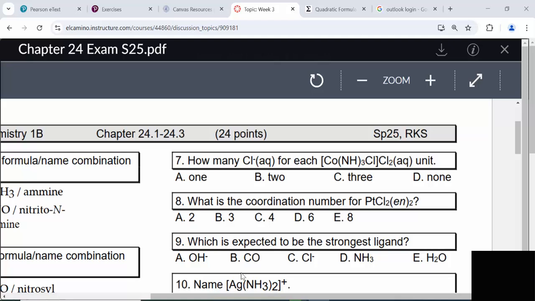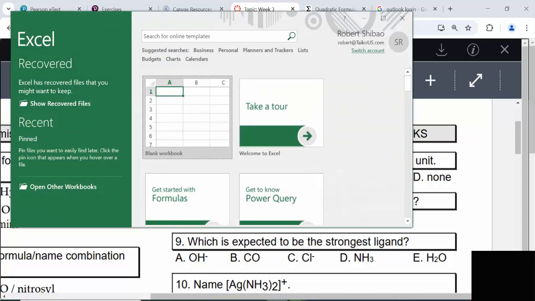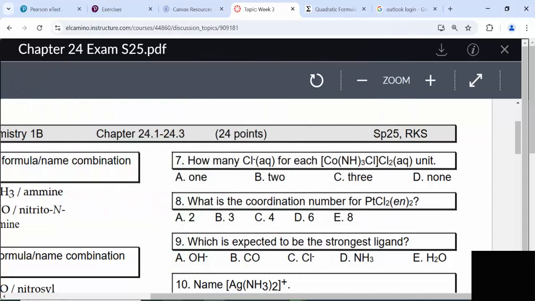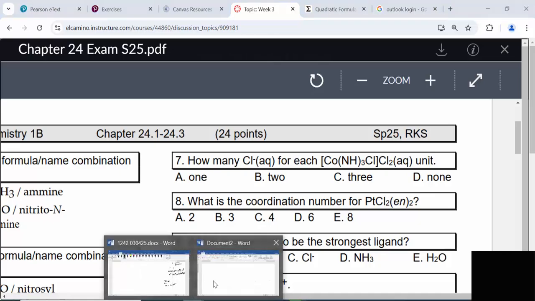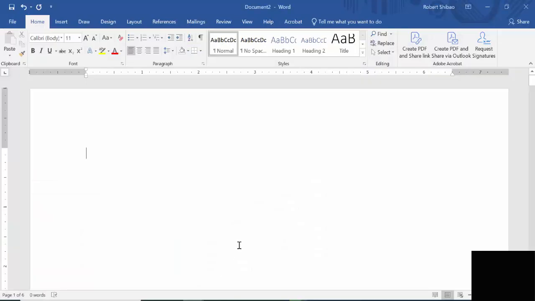So I wanted to talk a little bit more about problem number 7 here, because I skipped Werner. You know, Werner won the Nobel Prize for this.